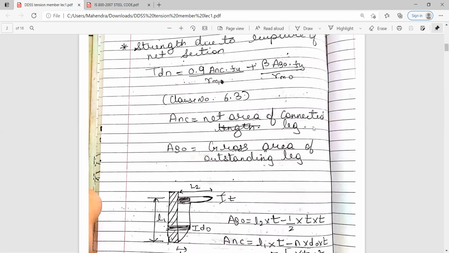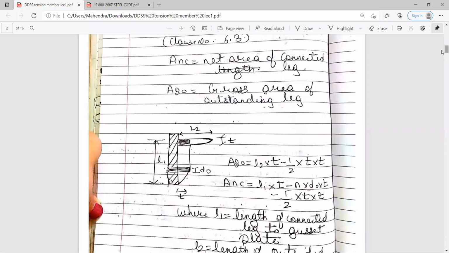What is ANC? ANC is the net area of the connected leg. AGO is the gross area of the outstanding leg.